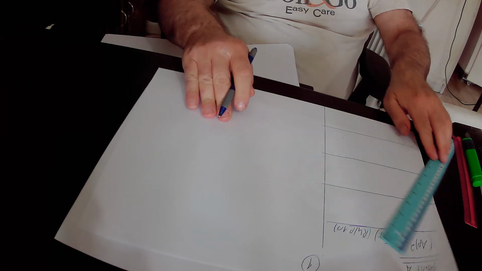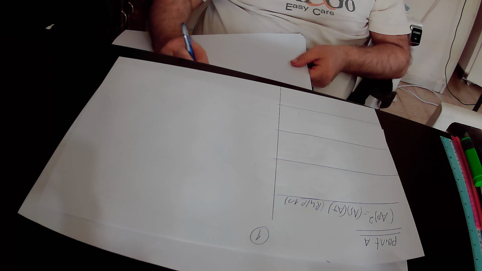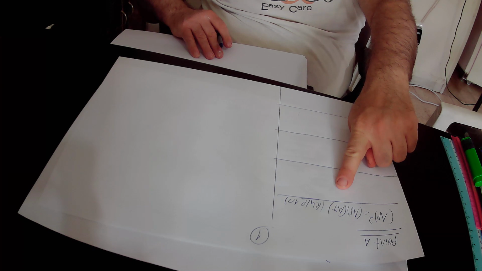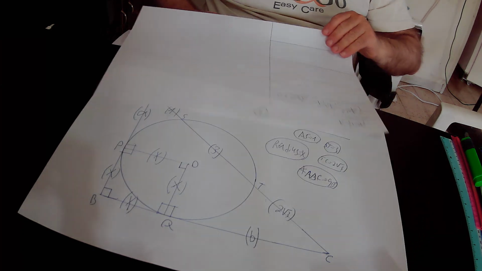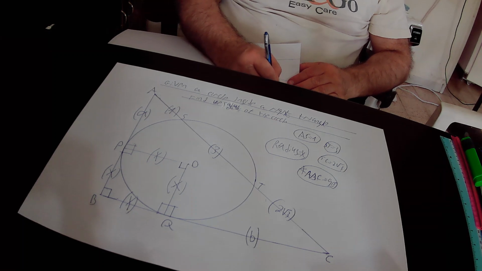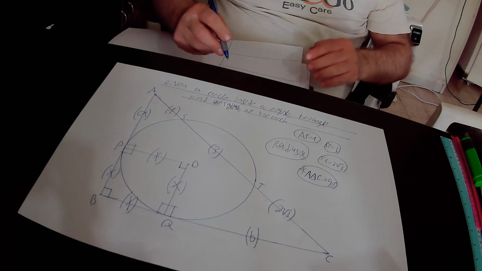Repeat again, according to Rule 10, if you focus on the common standpoint point A, AP square equals AS times AT. AP is A, therefore AP square is A square, and it equals AS, which is 1, times AT.